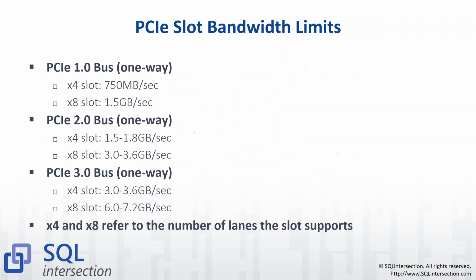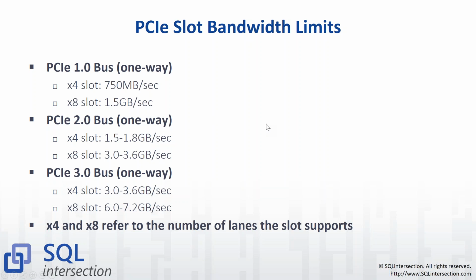All right, PCIe slot, I've mentioned this a couple of times. Depending on how old your server is, you're going to be using version 1.0 or 2.0 or hopefully 3.0. And you can see this X4, X8, that's how many lanes, electrically lanes, are in that slot.